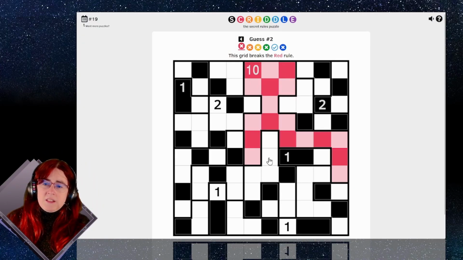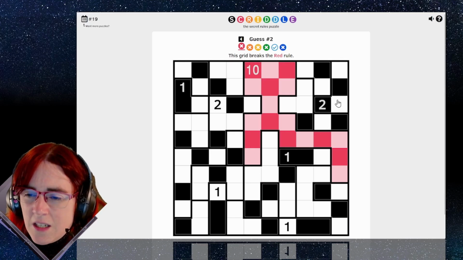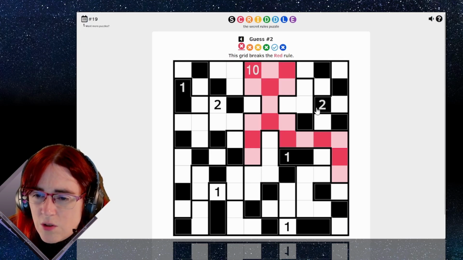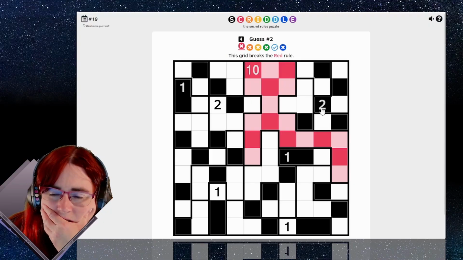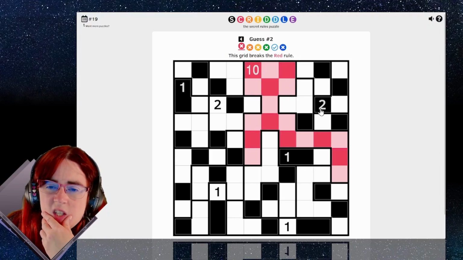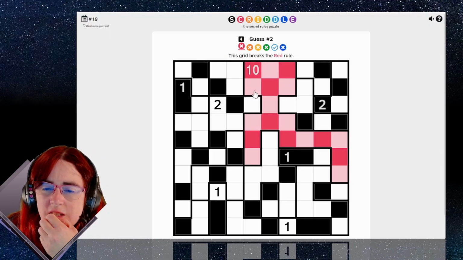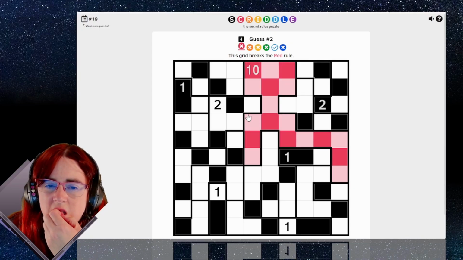Oh no, it can't be that because the two does not meet that criteria up here, but it's not penalized by the red rule. So is it like shaded cells in neighbors, something like that? Not really. Let's see what else we've got.